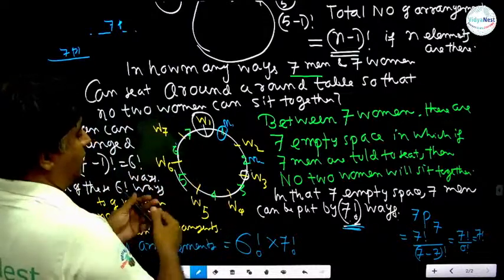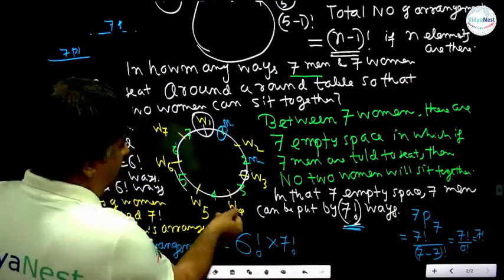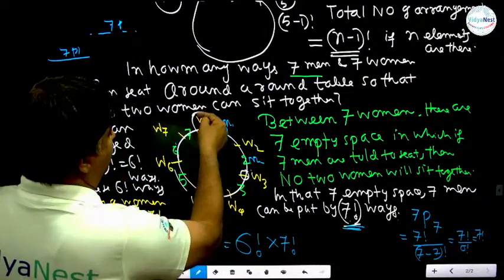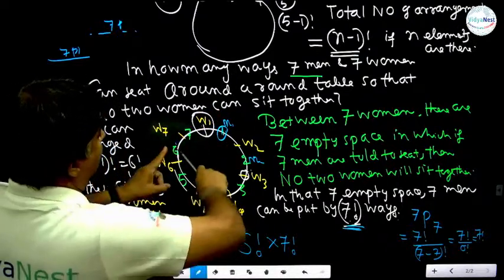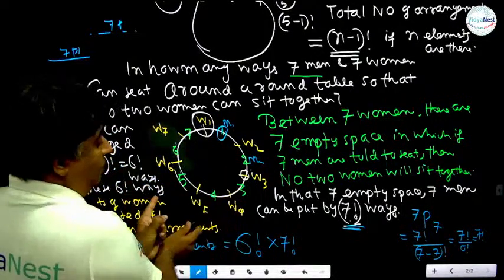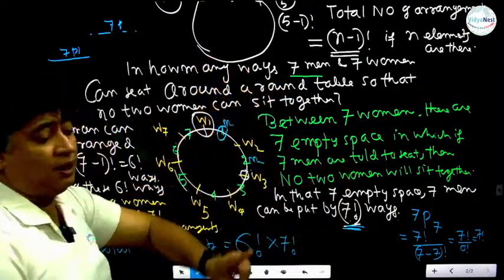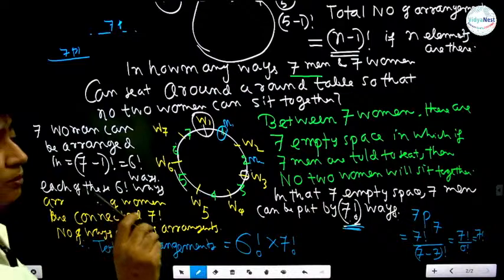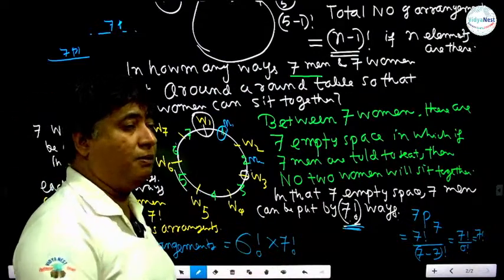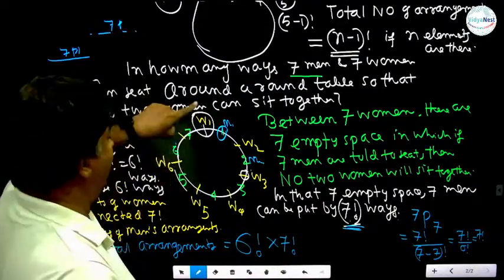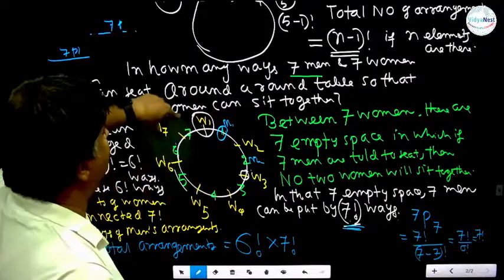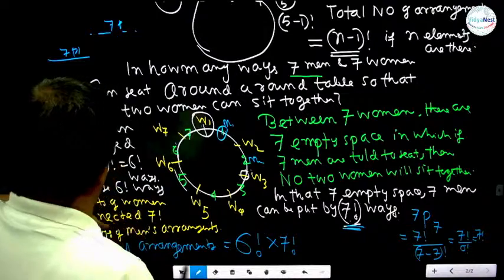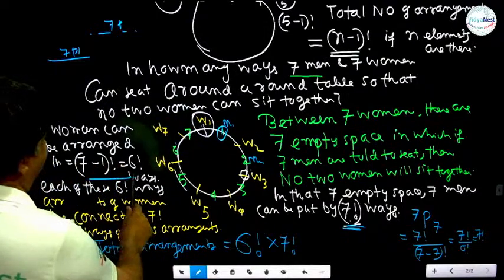If you call W4 to occupy this place, W1 to occupy this place, W6 to occupy this place, with that arrangement also, factorial 7 arrangements of men will be possible. So in how many ways can the women change their positions? Factorial 6 ways. Yes or no?